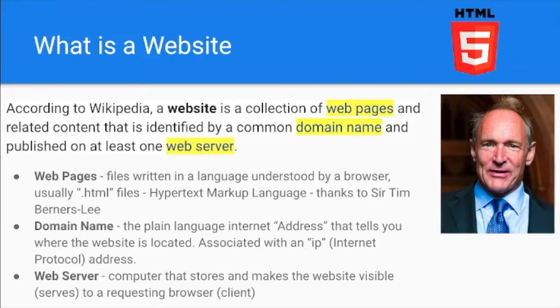So when you type in google.com, it goes to a domain name server. It looks up that name, finds an IP address, and then routes you over to that IP address, and then displays the index.html page from that address.